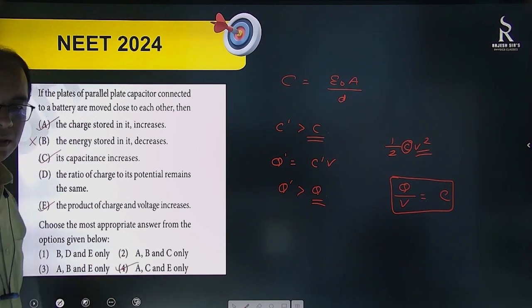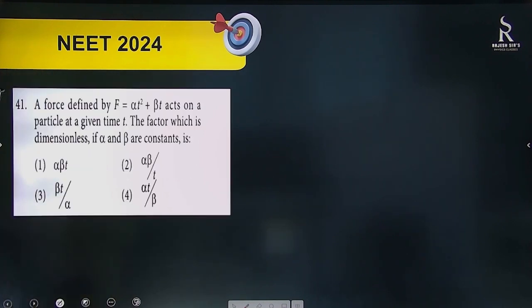ACE. Perfect. Next. A force defined by F equal to alpha t square plus beta t acts on a particle at a given time t. The factor which is dimensionless, if alpha and beta are constants. Okay, the factor which is dimensionless out of these four options given to us.